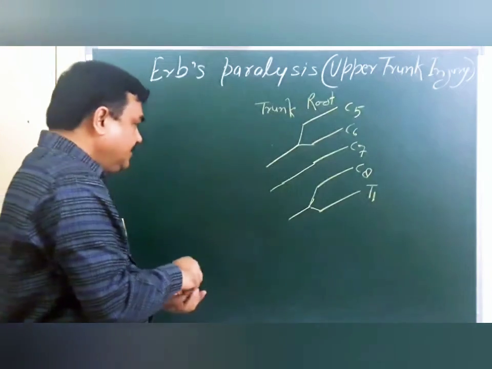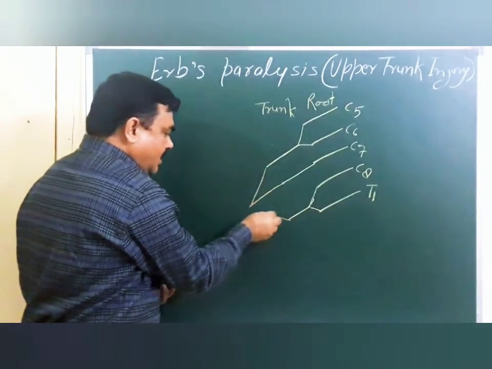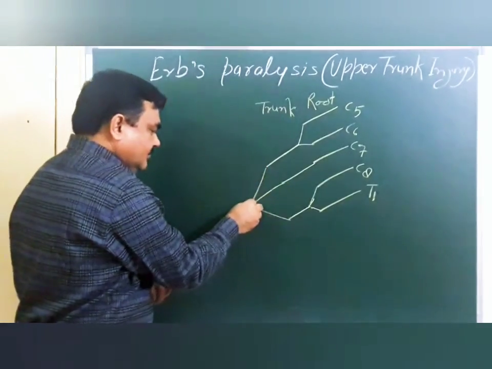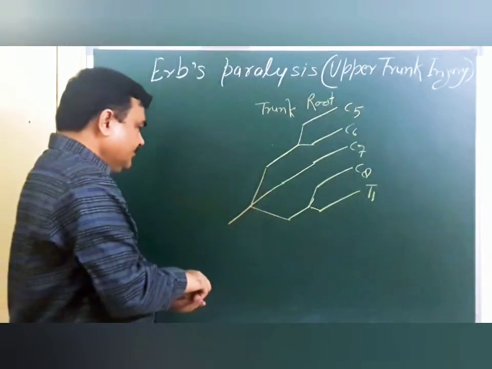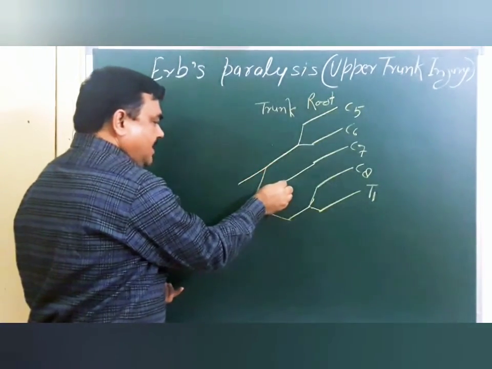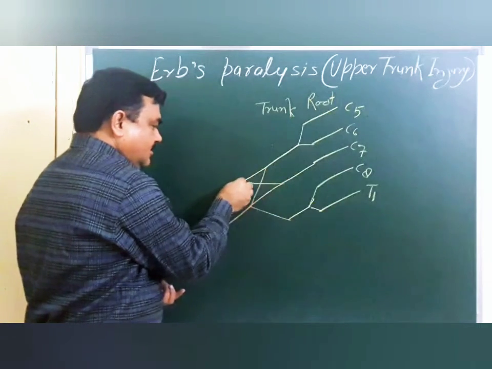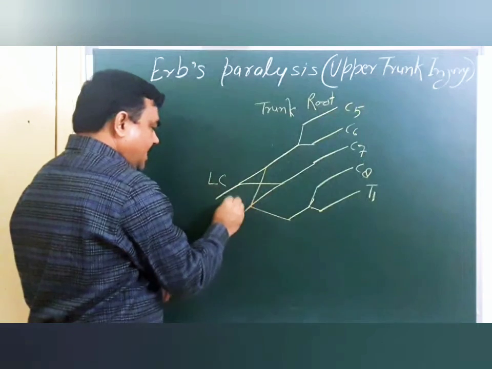Then there is division. There is posterior division of all 3 trunks, which join to form posterior cord. And here is ventral division or anterior division, which joins to form lateral cord. This is lateral cord. This is posterior cord.